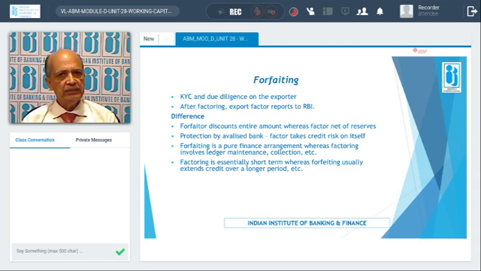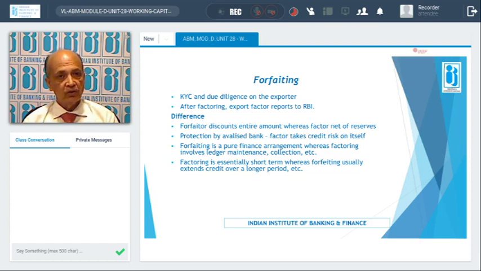Then factoring is essentially short-term finance, whereas forfeiting is for a longer period, because there is an exporter going abroad to some other country, and the realization from there takes time. So it is a longer process.